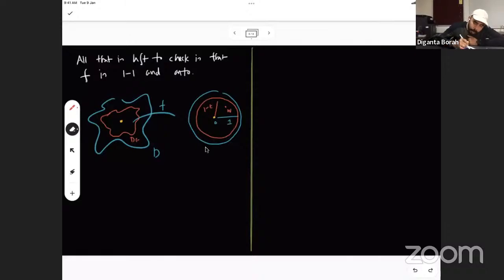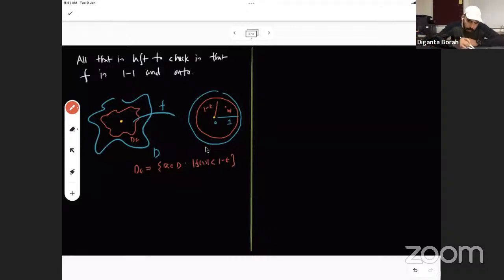And I'm looking at this domain D epsilon, which I'm defining to be z in D such that |f(z)| is less than 1 minus epsilon.